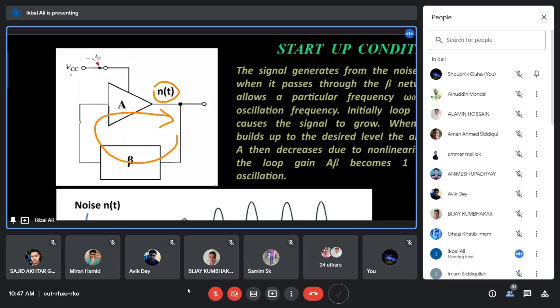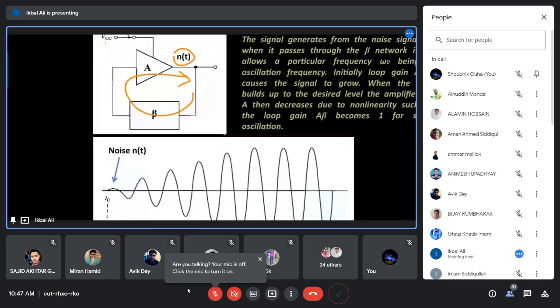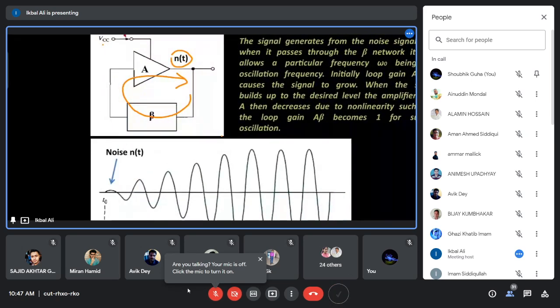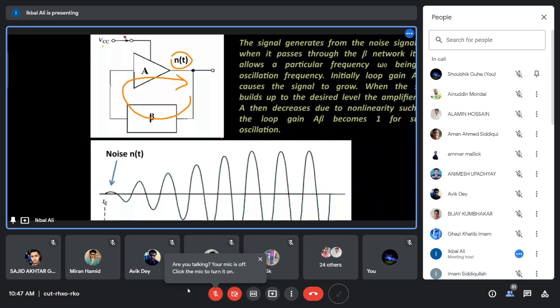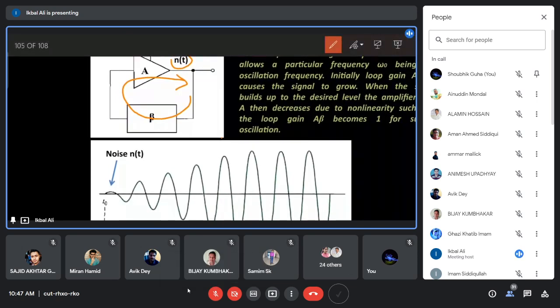Then you can see that initially this point is the noise level, which is close to 0. After one traversal of the loop, the signal is growing. You see that the signal has now increased. As the noise loops here, after several loops the signal will grow, and in this way the noise signal at the output keeps growing.